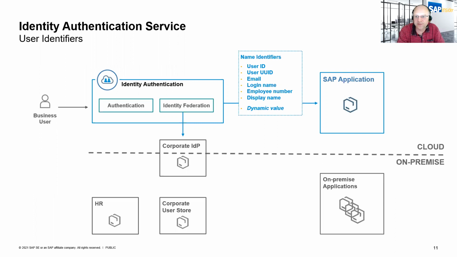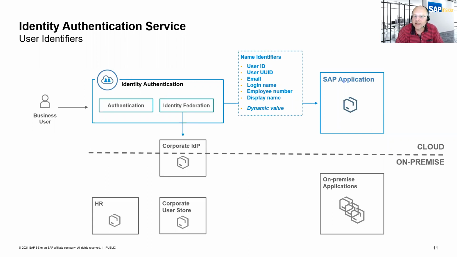This is beneficial not only for access to the application itself, but we also need to consider that business applications subsequently communicate programmatically with other services or even other applications. So where we have system-to-system calls, an identifier needs to be sent that subsequent services understand.